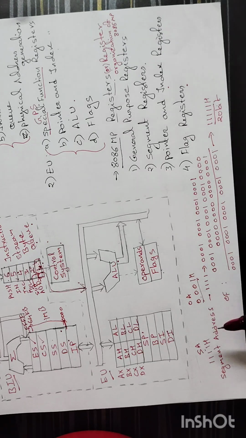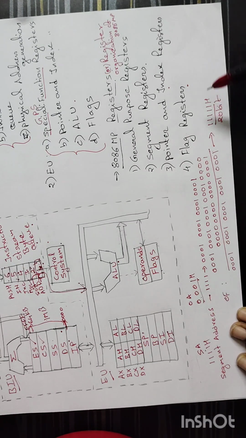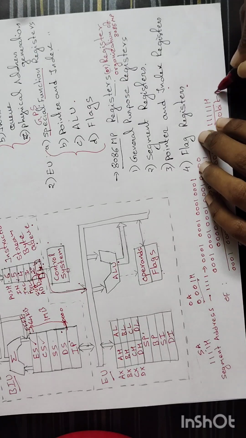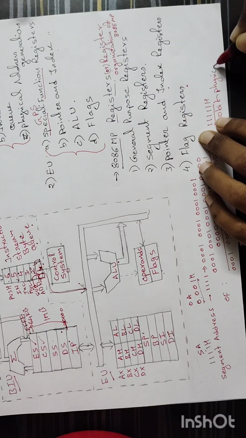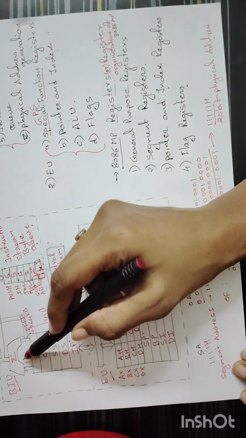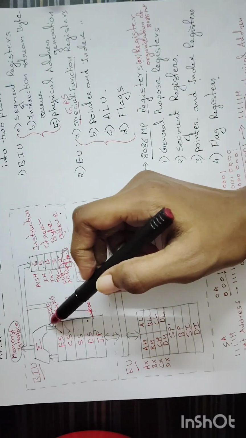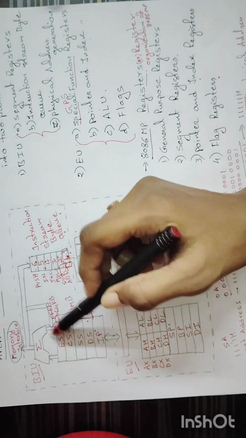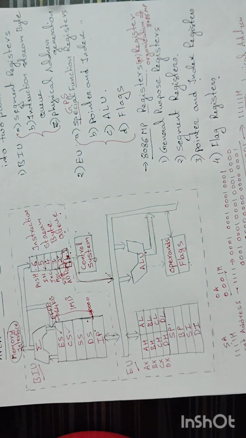That means the segment address is shifted left by 4 bits and added to the offset address, and we get a 20-bit physical address. This process, done by this summation, is the physical address generation.